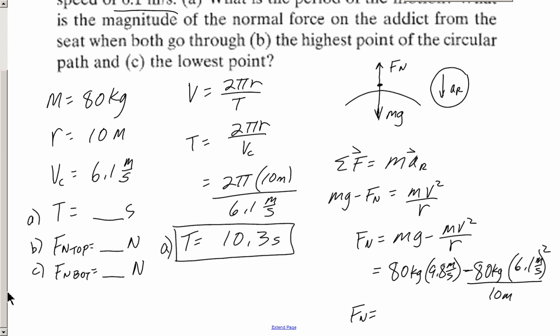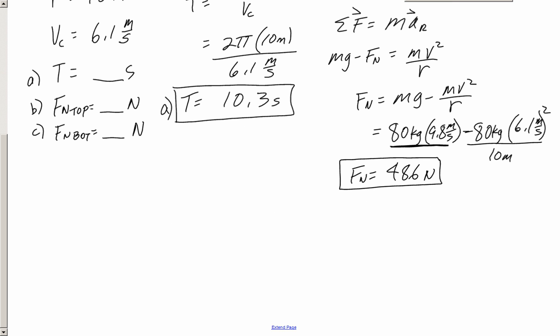Okay, well, I'm getting 486 newtons. That makes sense because his weight here would be just a little bit under 800. So the normal force you would expect to be less because the vector in our diagram showed that. Okay, so if you understood that, good. If not, a little question mark there so you know to ask somebody about that.